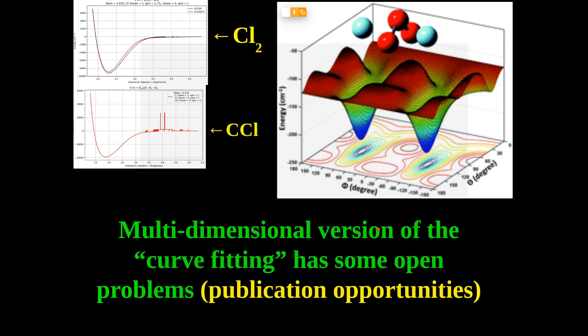Now, the multi-dimensional version of curve fitting for potential energy surfaces has some open problems, and therefore there are opportunities for publications. For diatomics, we have been doing potential energy fitting for a long time. For triatomics and more complicated molecules, the models aren't as sophisticated as they have been.